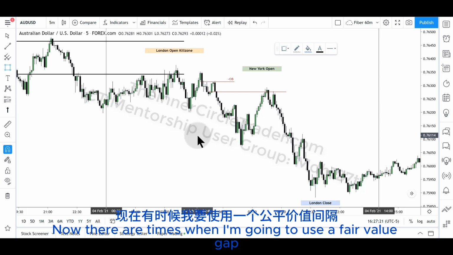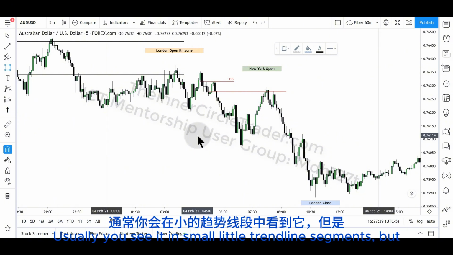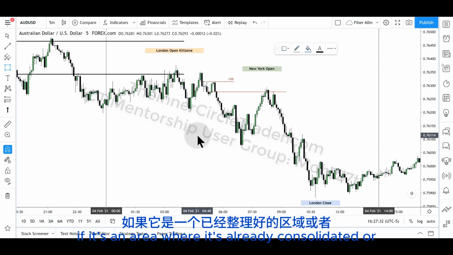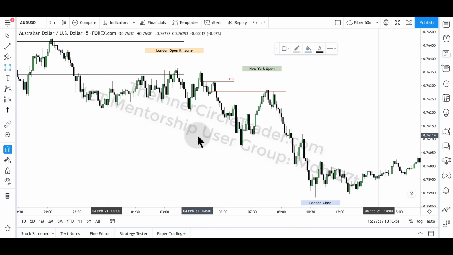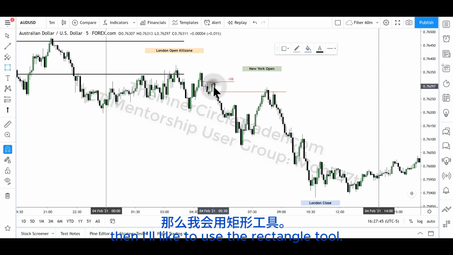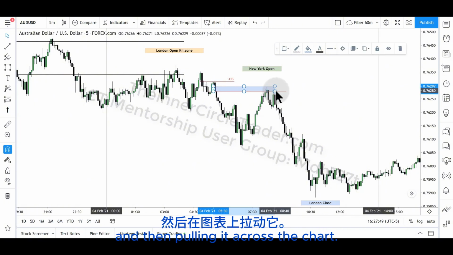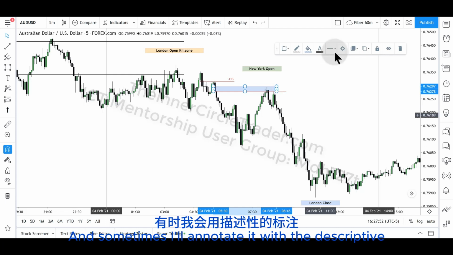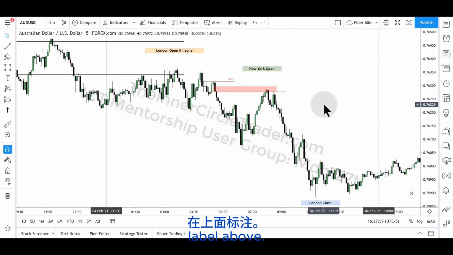Now, there are times when I'm going to use a fair value gap illustration with a rectangle. Usually you see it in small little trend line segments, but if it's an area where it's already congested, not consolidated, and it has a lot of segments with the trend line tool already, then I'll elect to use the rectangle tool. And all I'm doing is dragging it from one low to one high and then pulling it across the chart. And sometimes I'll annotate it with the descriptive label above.